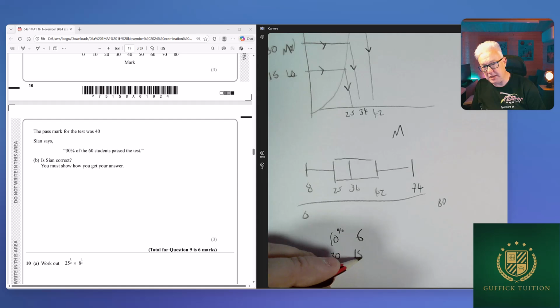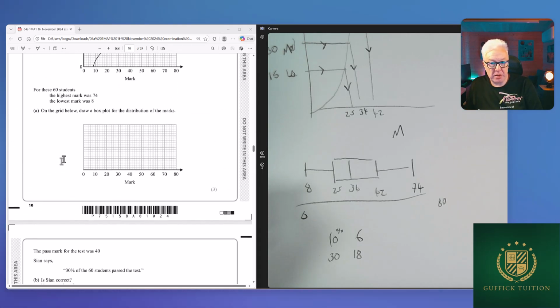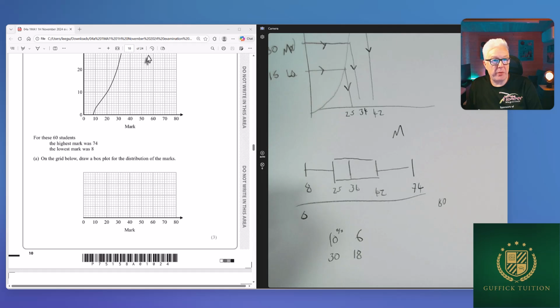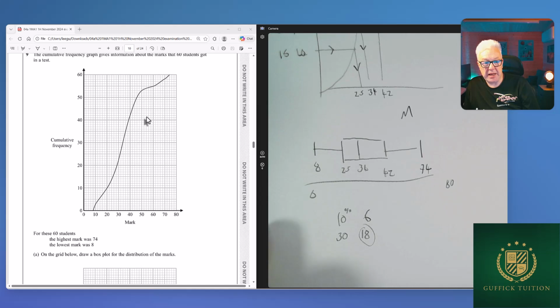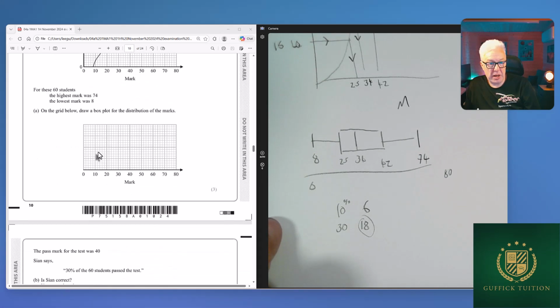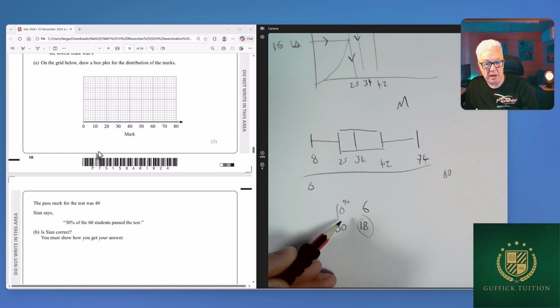We would need at least 18 people to pass the test. So Cyan's thinking that 18 people have passed the test because 30% of 60 is 18.